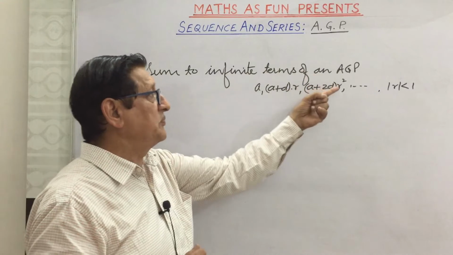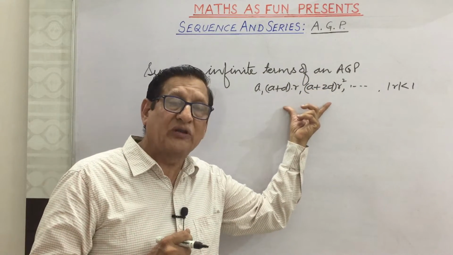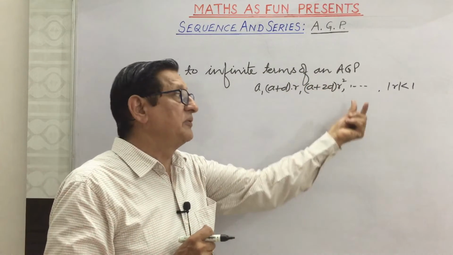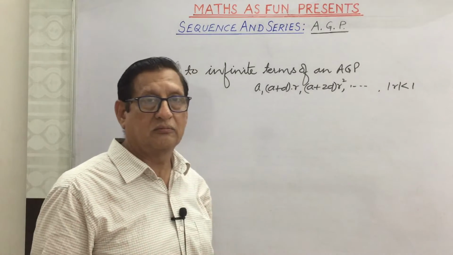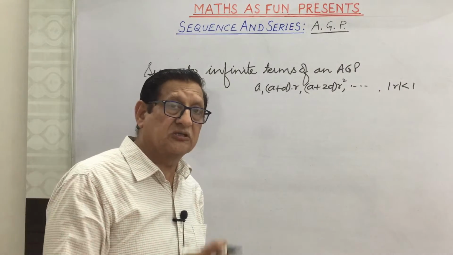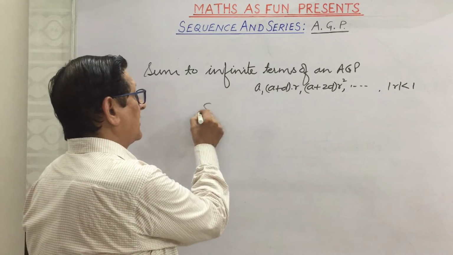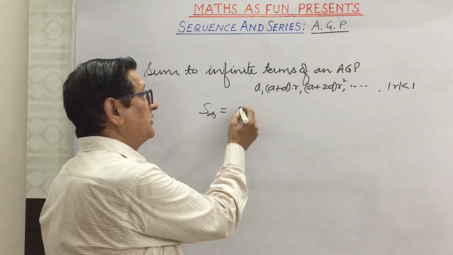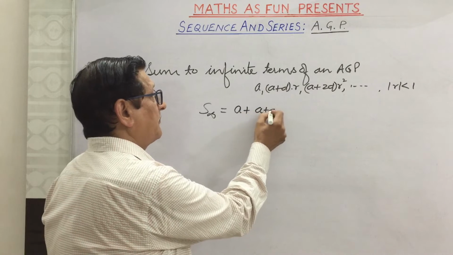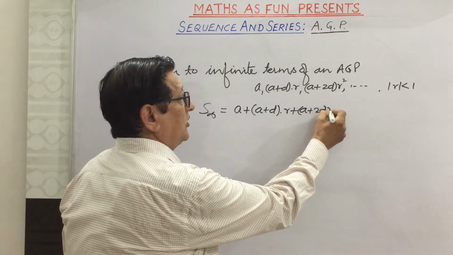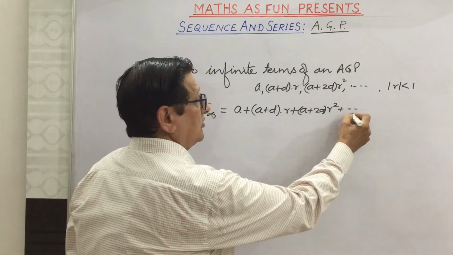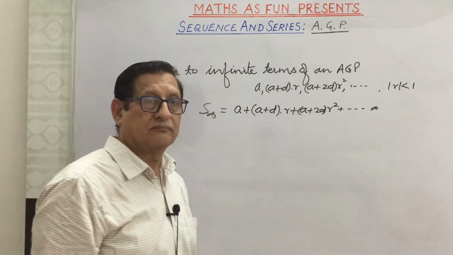If we have an AGP and we want to find the sum of infinite terms, that can be obtained if mod r is less than 1. If we represent the sum to infinite terms by S infinity, will that be equal to a plus (a plus d) into r plus (a plus 2d) into r square and so on up to infinity?